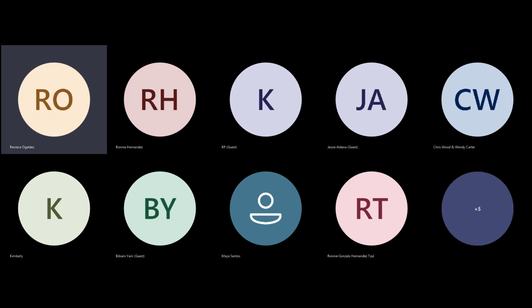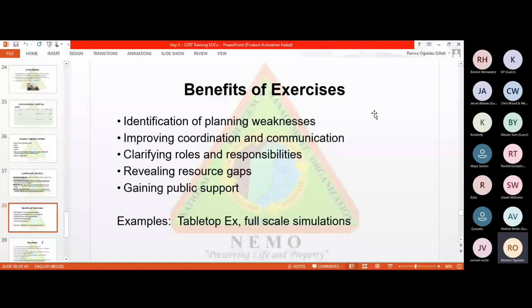Basically, it brings out issues. If a tabletop exercise, a discussion-based exercise, shows that people aren't planning, it really brings out weaknesses in planning. It also improves coordination and communication, and clarifies roles and responsibilities. Sometimes people really do not know what their roles are. It reveals resource gaps, and it also gains public support.